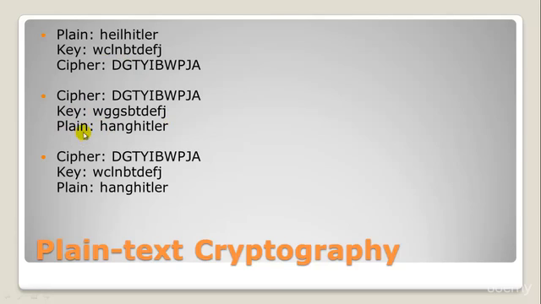That's Hail Hitler, and here it was Hang Hitler. But this is what the original message was. This was what the spy told the message would be. But this was manipulated because he used two different things, the key from over here and the cipher from over here, but the plain text was from over here. This is how you could manipulate different types of ciphertext.